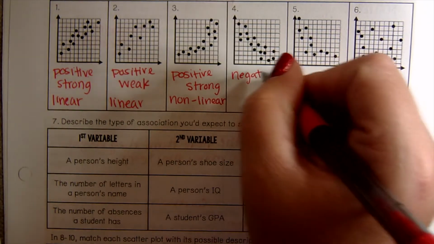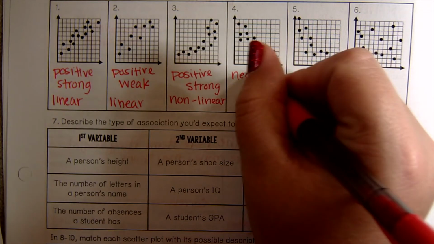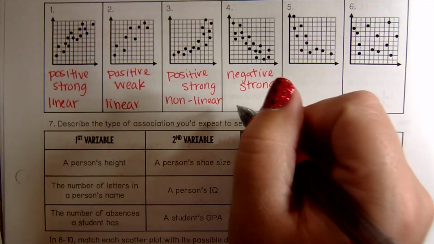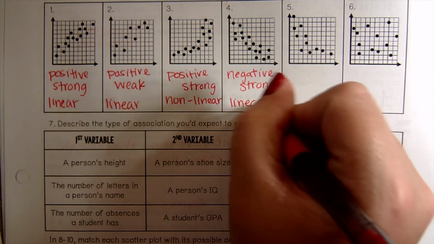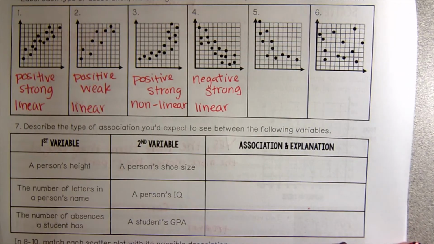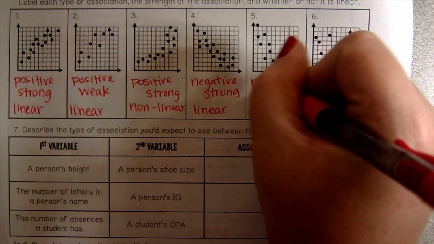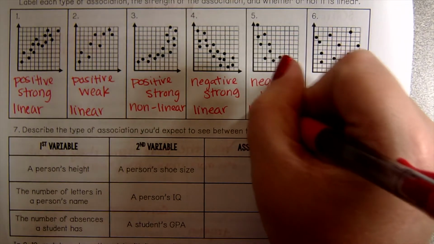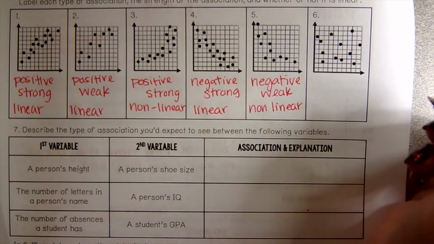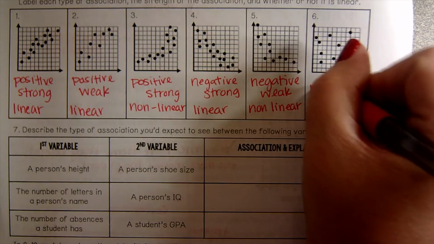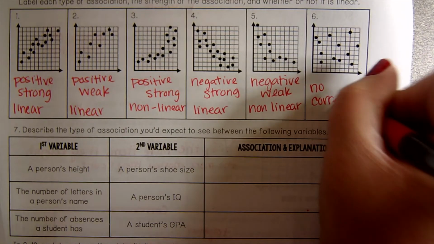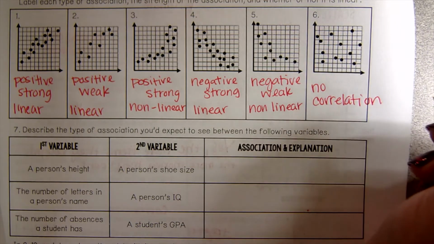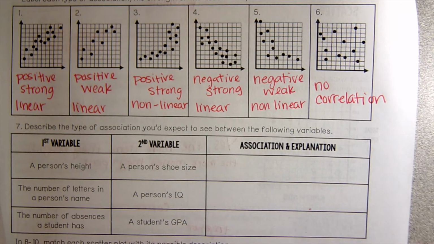Yeah, I'd say that's strong. And linear. Number 5. Negative. Weak. And nonlinear. And the last one. No correlation or no association. And if it doesn't have correlation, it's also not going to be weak or strong or linear or not linear. So once you say no correlation, none of the rest of the stuff matters.